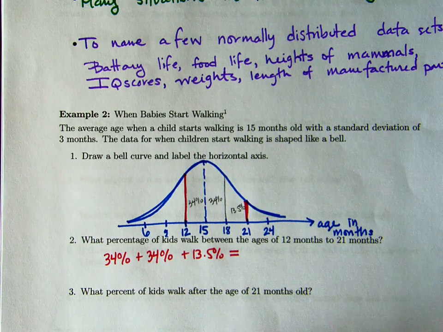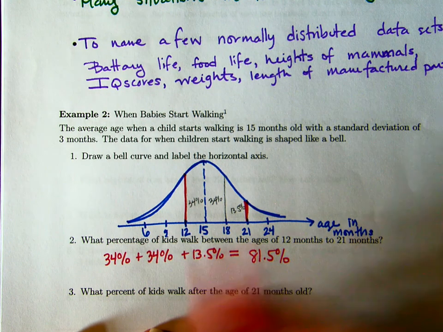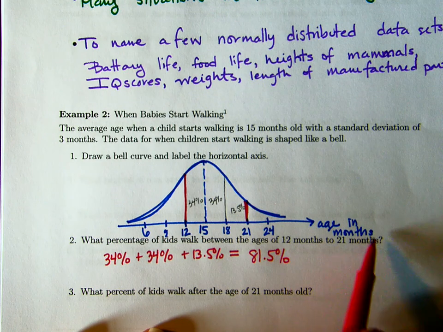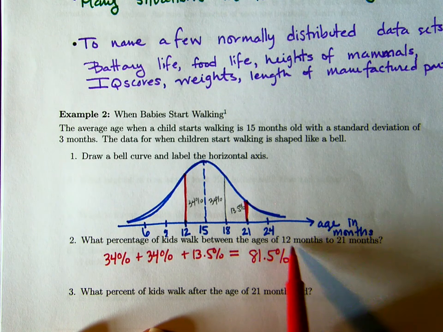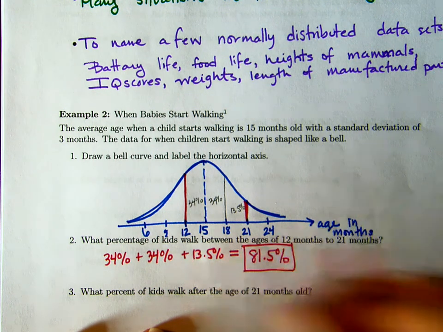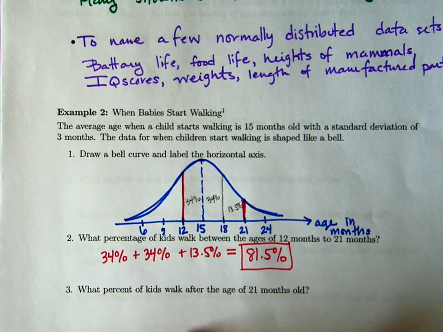I am fairly calculator dependent here. All right, so what percentage of kids walk between the ages of 12 months old to 21 months old? About 81.5% of them walk between those ages.